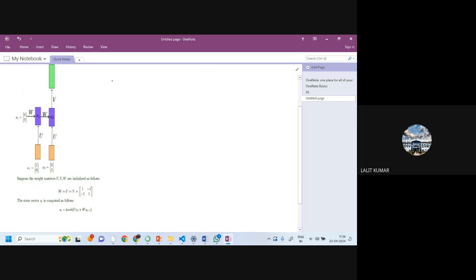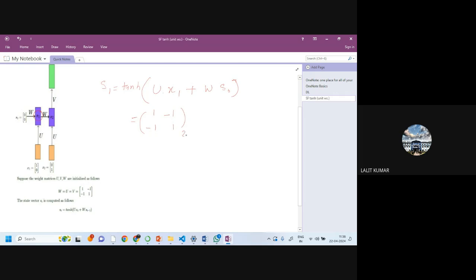Okay, so let's do the calculation quickly. Here S1 is equal to tanh of U into X1 plus W into S of 0. U is 1, minus 1, minus 1, 1.